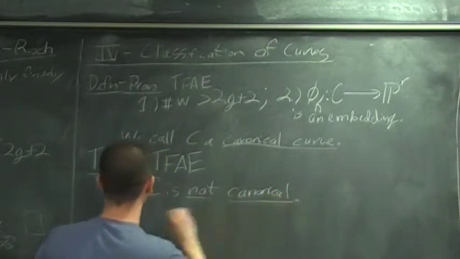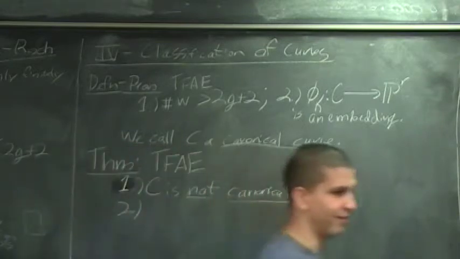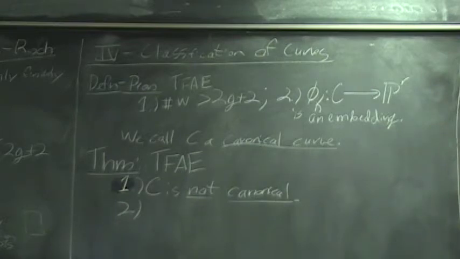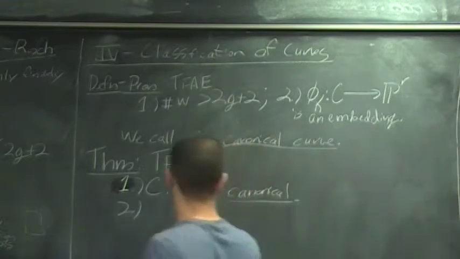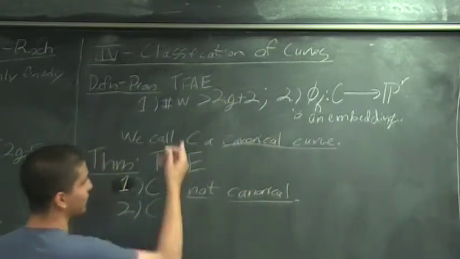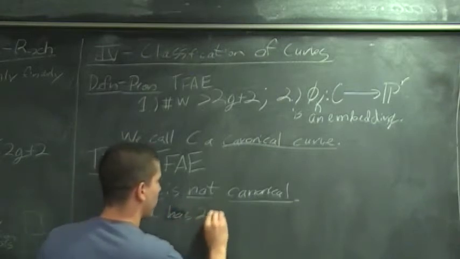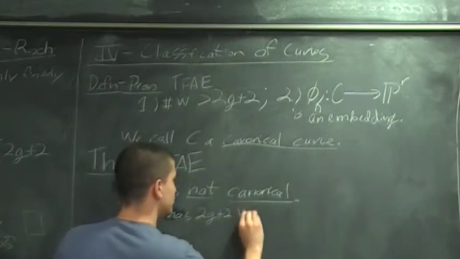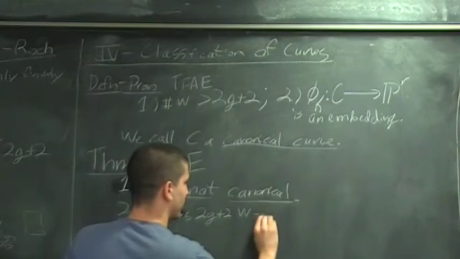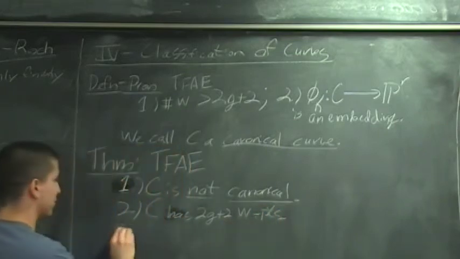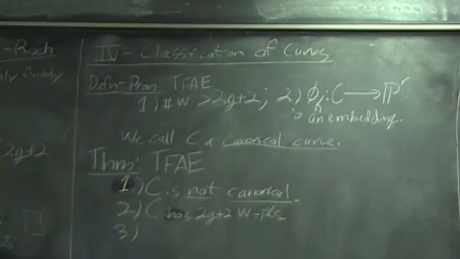And I could write down about a dozen other equivalences here, but I'm only going to put, I think, 2 more. Well, this one I guess is kind of obvious because I already said these 2 things are equivalent, but C has 2G plus 2 Weierstrass points. And finally, this is a word that I used a few times over the first couple lectures.